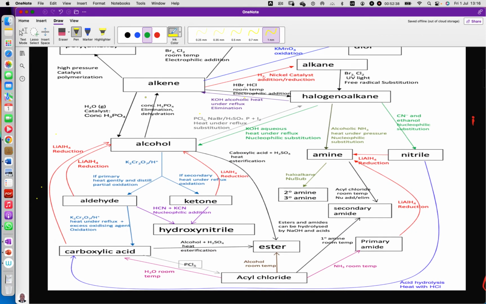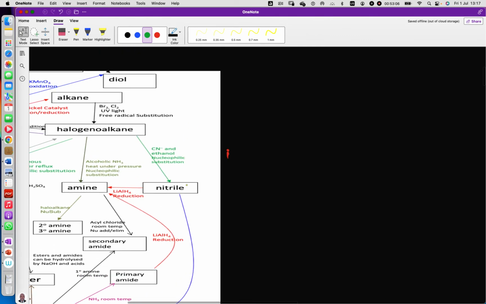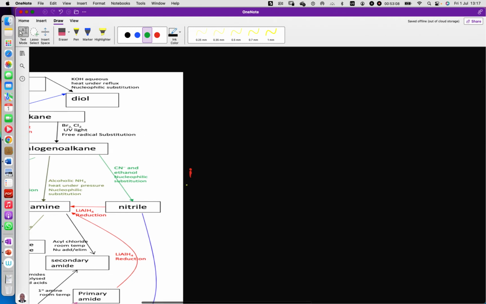The flow chart here describes that alcohols are oxidized to aldehyde if it is a primary alcohol. Meanwhile, secondary alcohols are oxidized to what? To ketone. And the oxidizing agent used is acidified potassium dichromate 6. Let me just give you an example here for the reaction.